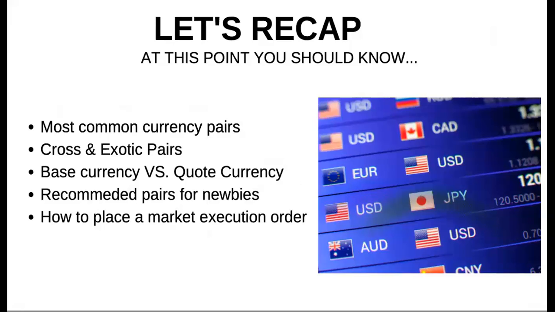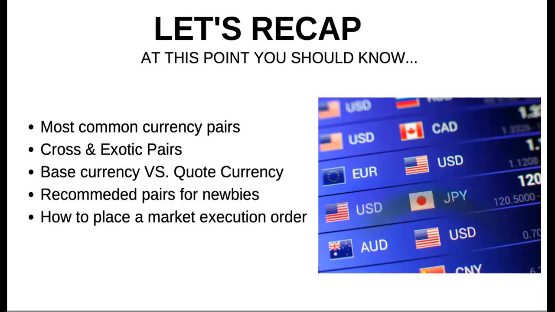You should also be comfortable with what the base currency is when you're looking at a currency pair, and what the quote currency is. I also talked about what the recommended trading pairs are for newbies, and market execution, which is basically just executing a trade at whatever the current price is.